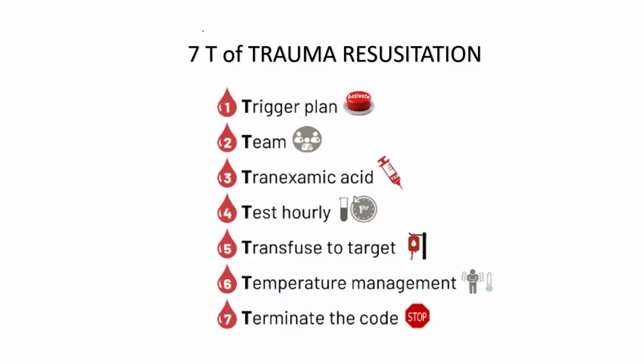You test your coagulation parameters, your electrolytes, and check your CBC, or hemoglobin. Along with that, blood gases can be done as well. Usually you transfuse to obtain a particular target, so keep those targets in check. I will be mentioning them in the later slides. Avoid hypothermia as and when possible.